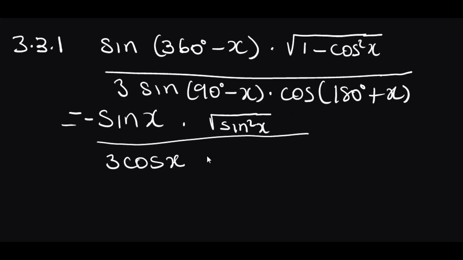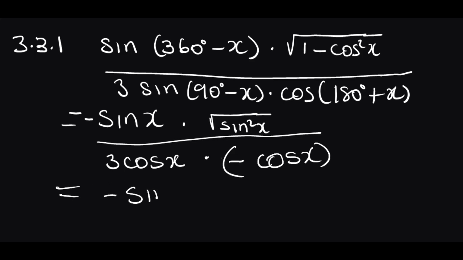Right, now we will have times negative cos x. Okay, let us put brackets. Equals negative sine x times sine squared x times 1 over 2.